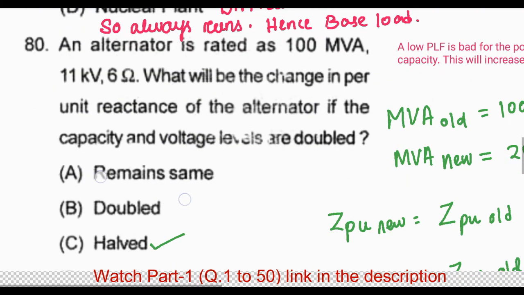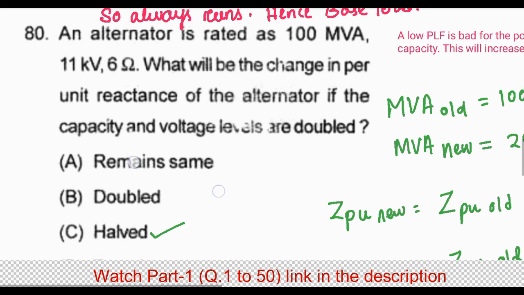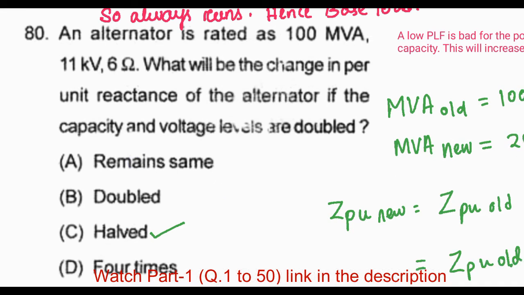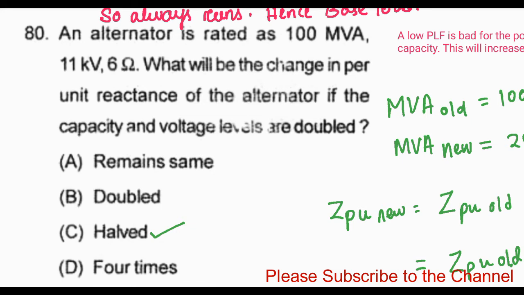Next question is, an alternator is rated 100 megavolt ampere, 11 kV, 6 ohm. What will be the change in per unit reactance of the alternator if the MVA and voltage levels are doubled? In this question, the MVA rating and kV rating are doubled.